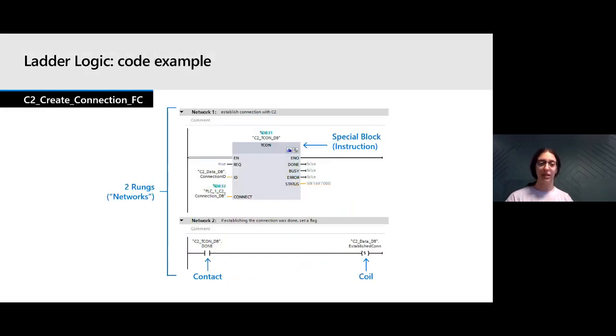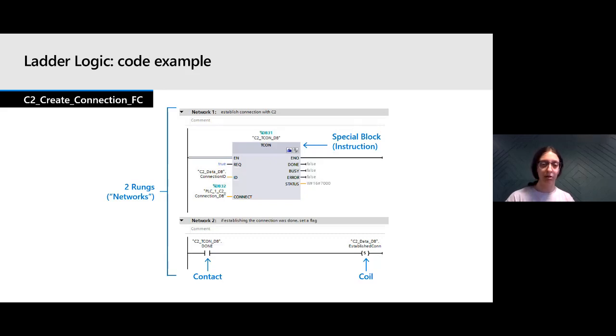Okay, in this slide, we can see how everything we discussed so far is being used in the actual proof of concept malware when establishing a connection to the command and control server, the CNC server. We can see here that there are two rungs.